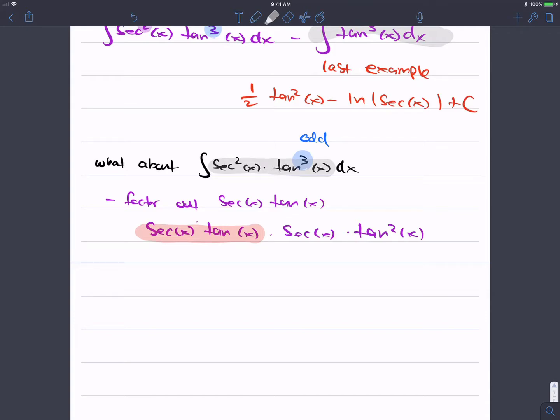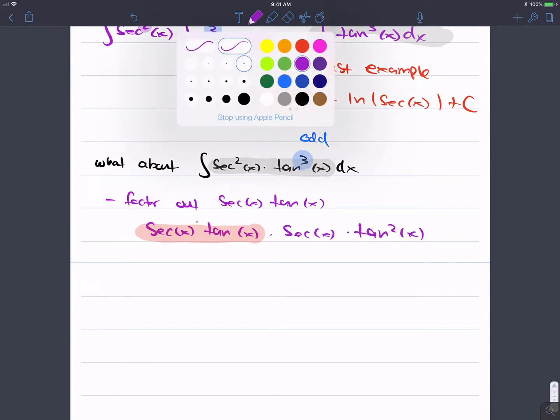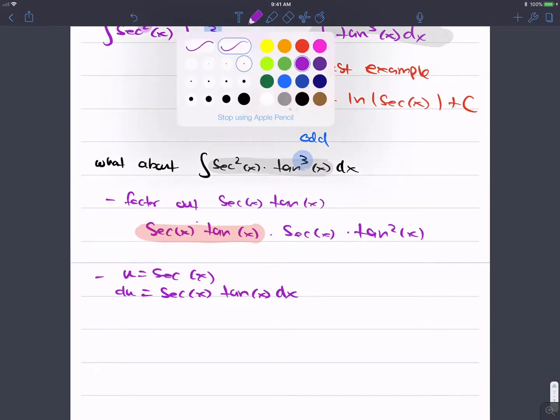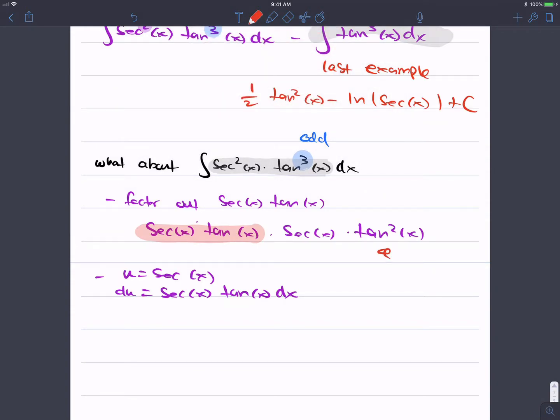Now, because we factored out secant tangent, that means u is going to be secant, and du is secant tangent dx. We're going to replace our tangent squared now with secant squared minus 1.